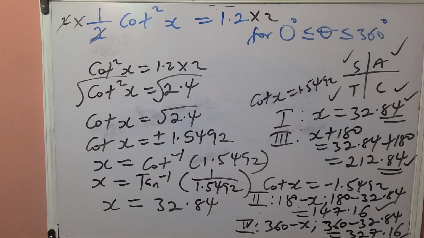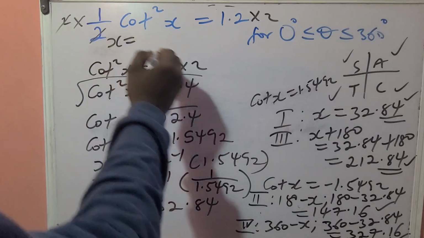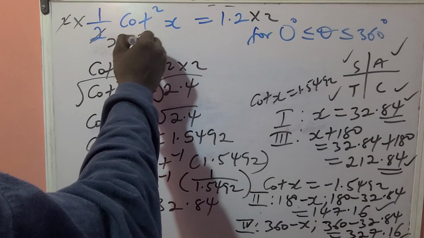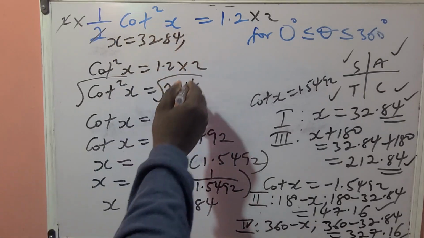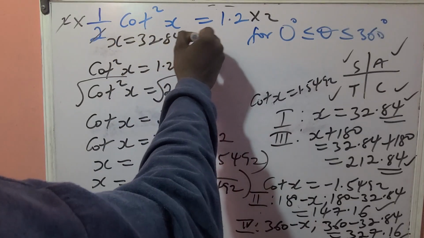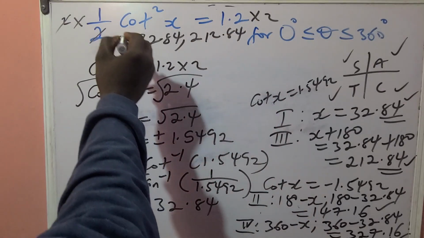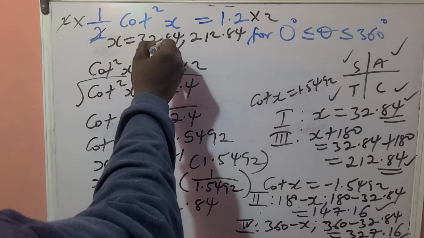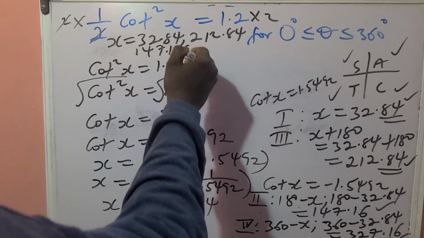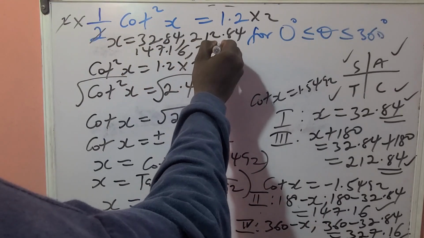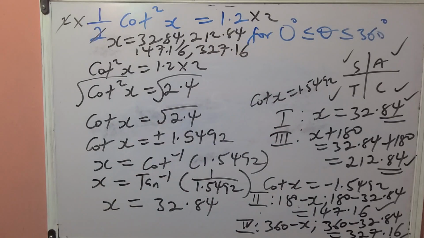So our x is 32.84. Our x is also 212.84. Our x is also 147.16. And our x is 327.16. So this is how you solve questions when you are dealing with arccot of a trigonometric function.